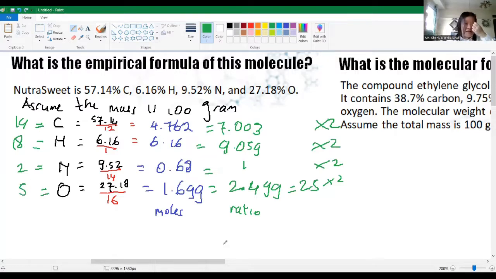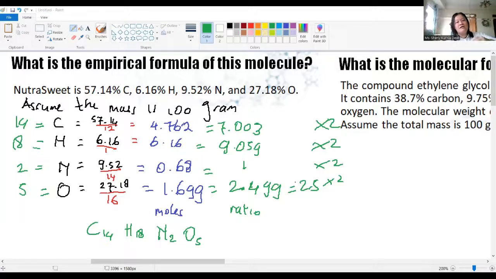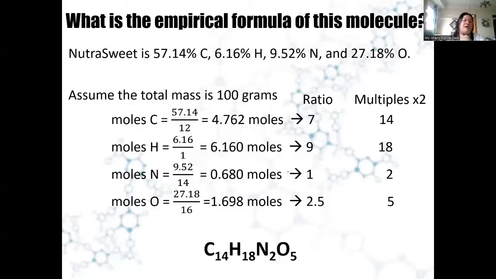So the empirical formula of this one, because we cannot have decimal points, is C14H18N2O5. Yeah, that is how you can deduce the empirical formula.